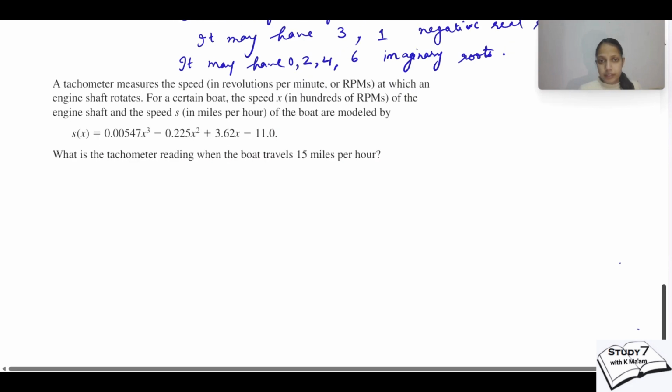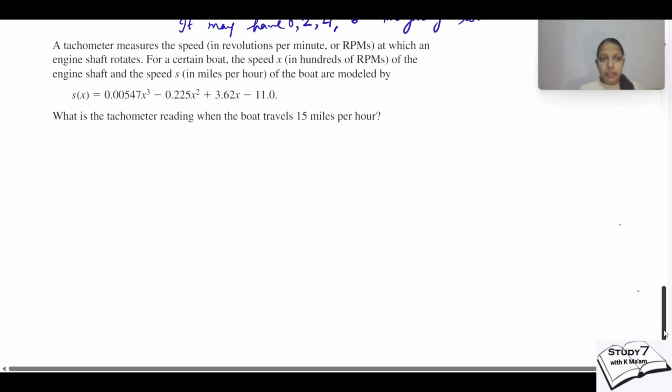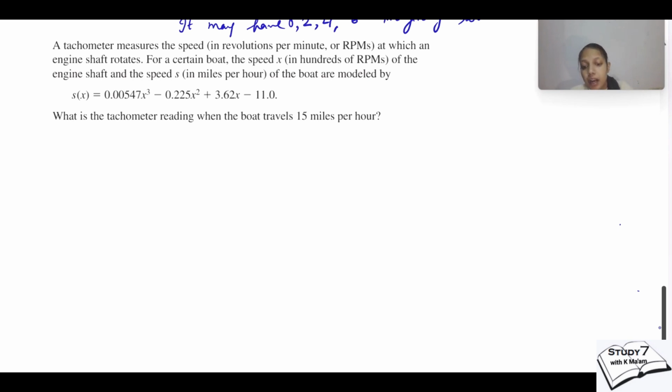Next question is: a tachometer measures the speed at which an engine shaft rotates. For a certain boat, the speed s of the boat is modeled by this. What is the tachometer's reading when the boat travels 15 miles per hour?